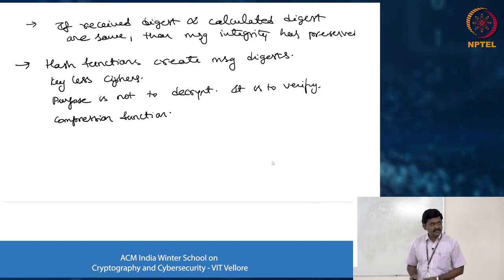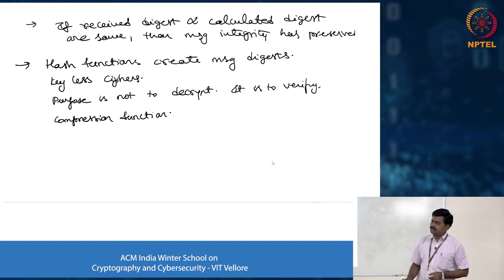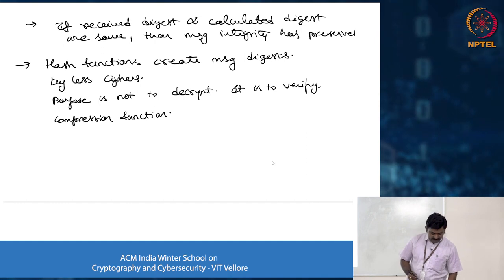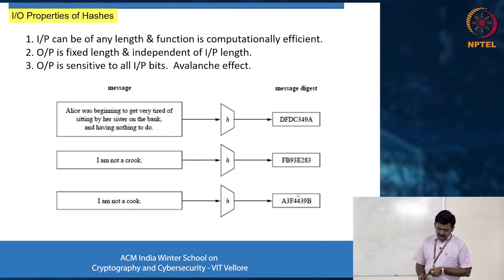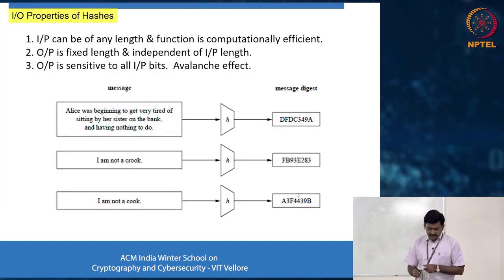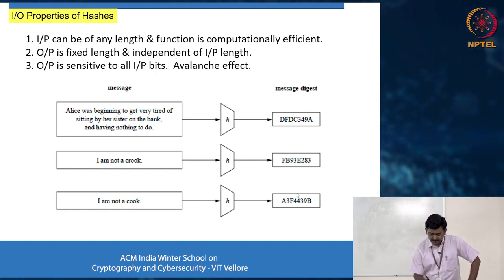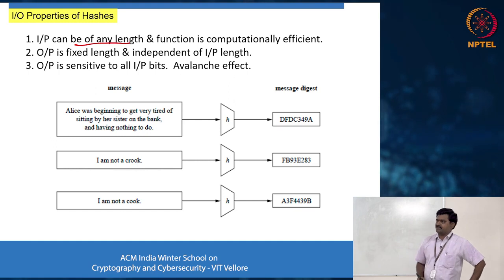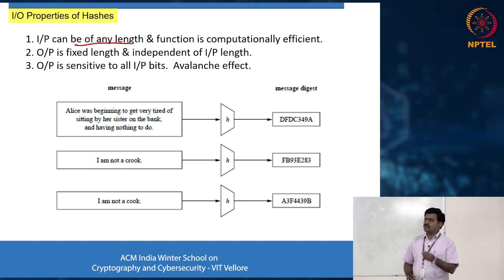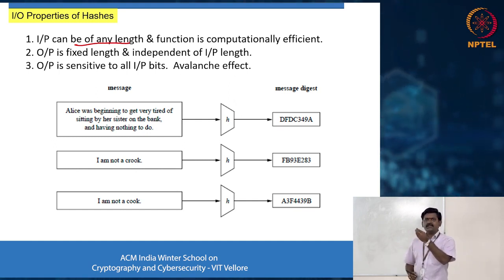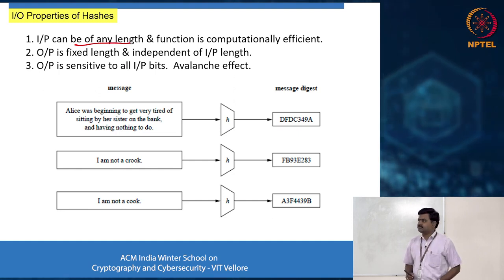So now, can I use any compression function? There are certain properties that it should satisfy. Let us see what the properties are. Number one, my hash function can take any length message. I have just shown one page, one document, but it can take any length message.